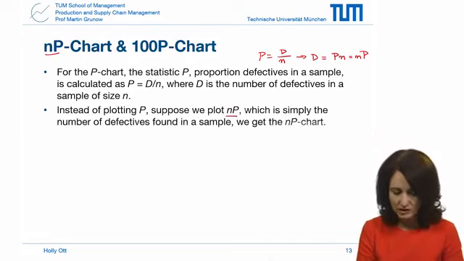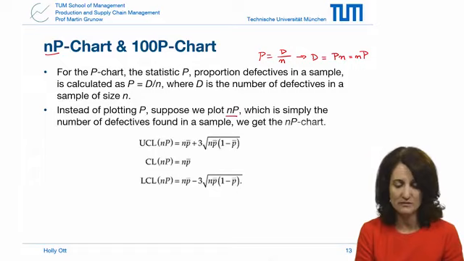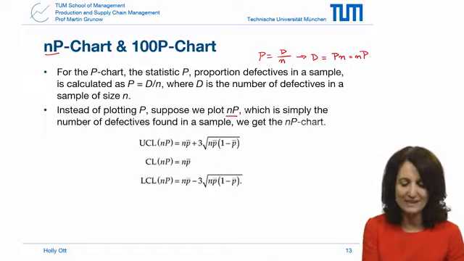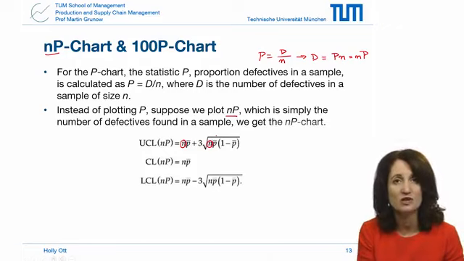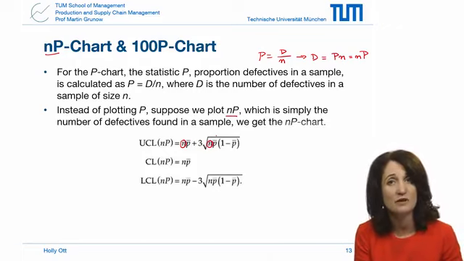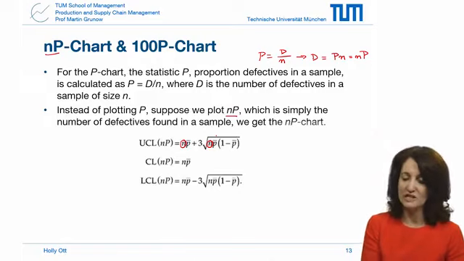Now, the control limits have to be calculated differently, of course. You can use the same formulas that you've used before, except that for this NP chart, we've multiplied through by n. We've taken our control limits for the p chart and multiplied through by n. Now, this could be called a D chart, right?